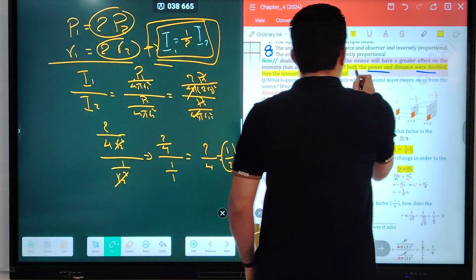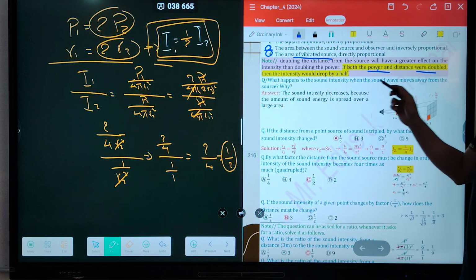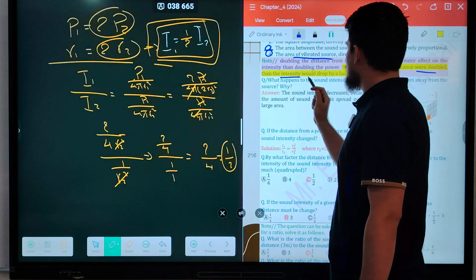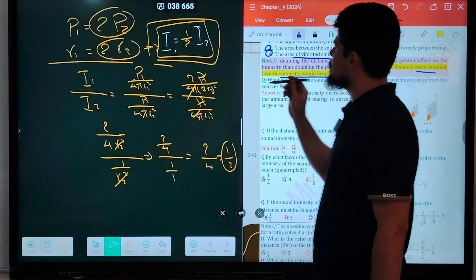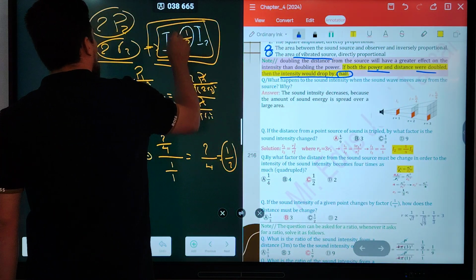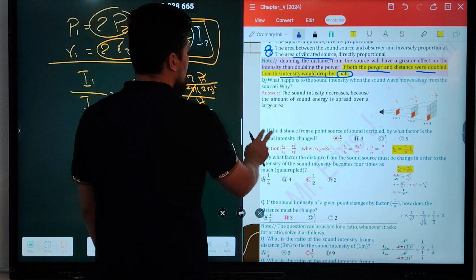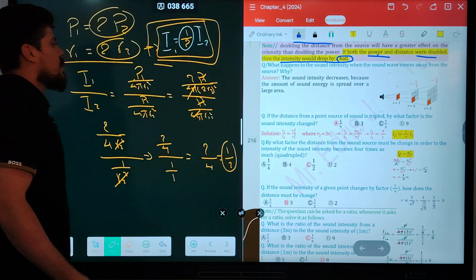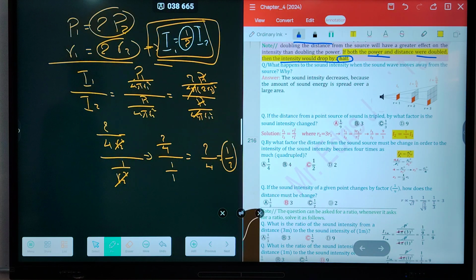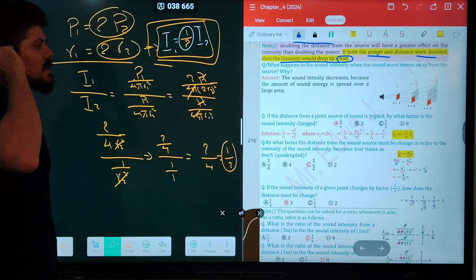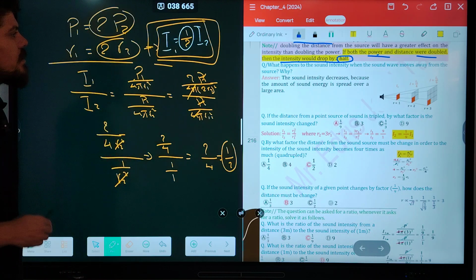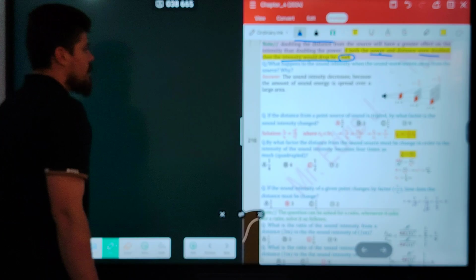If both power and distance were doubled, then the intensity will drop by which factor? By a factor of half. So if both power and distance were halved, by which factor does the intensity change? By a factor of double. So this is homework, you can do it by yourself.